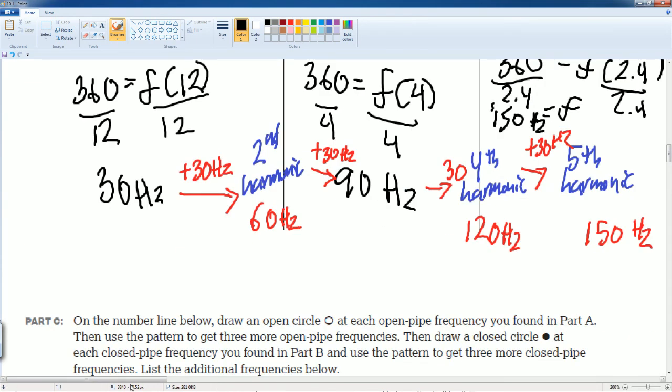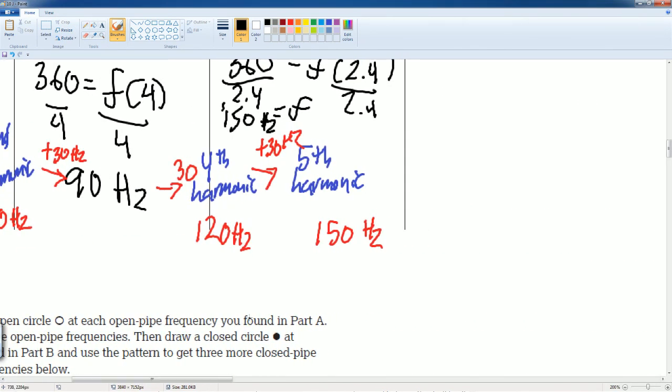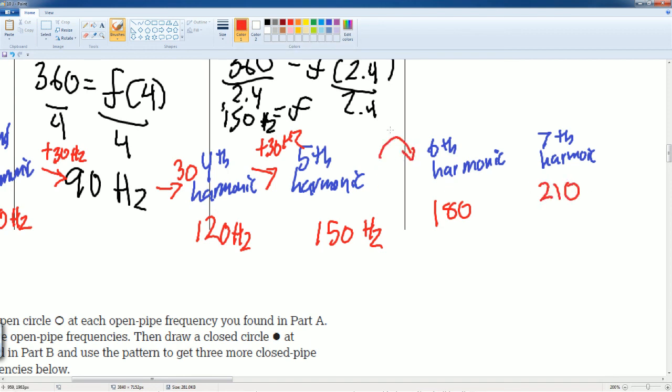Likewise, the next one here, remember you want every single one. So the 6th harmonic should have 180. So the 7th harmonic should have 210. Do you see how it goes up 30 hertz each time? But here, the next one that we're going to write is the 7th harmonic.